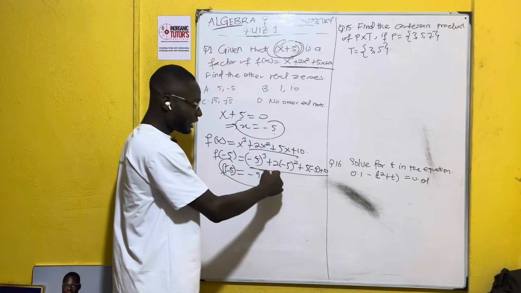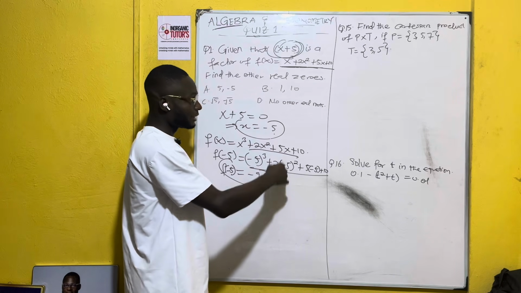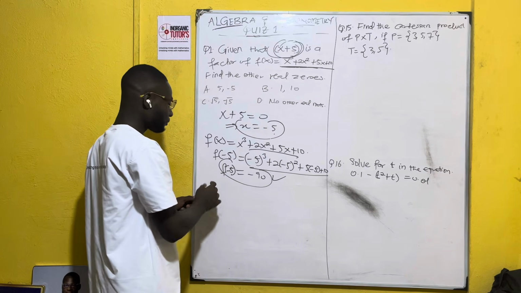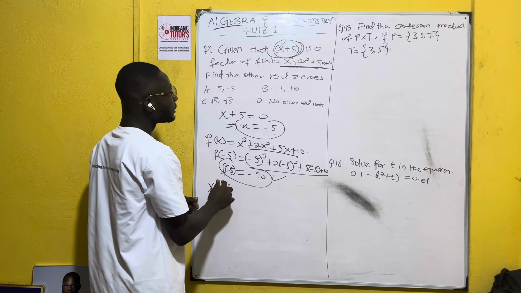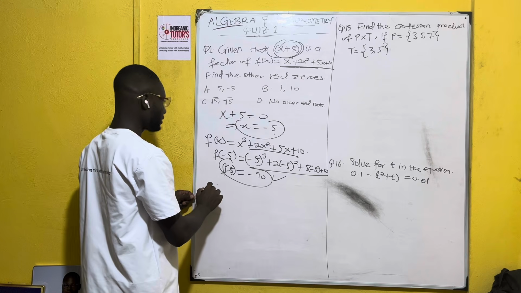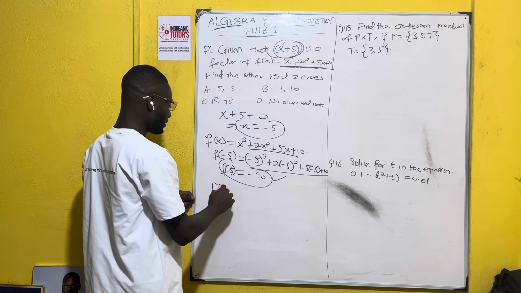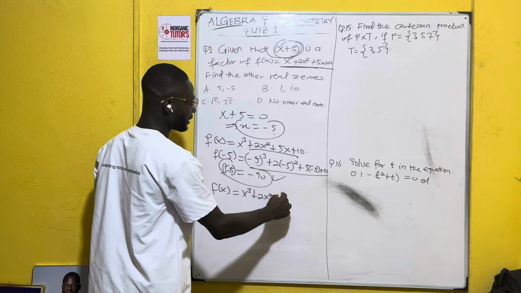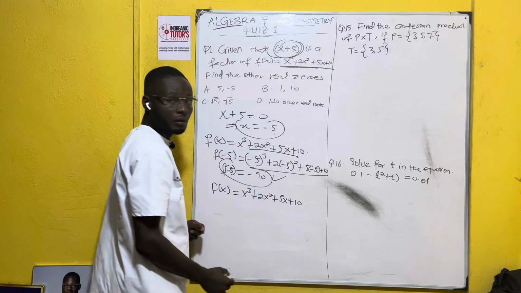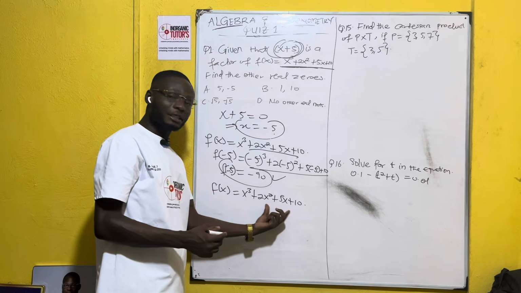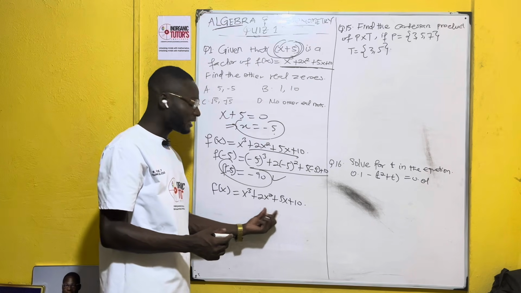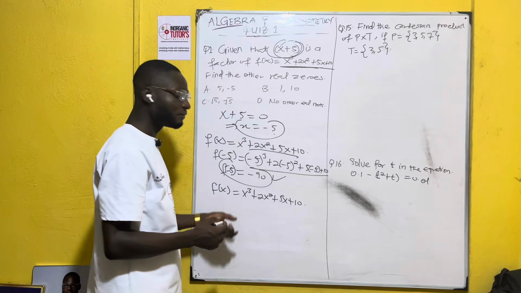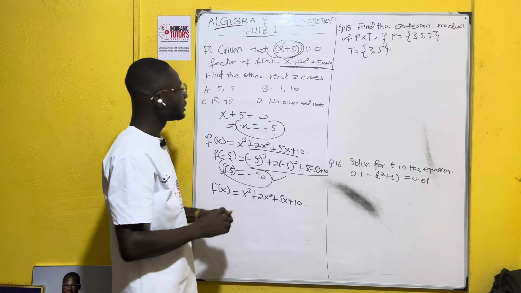So here you can even conclude that there are no other real roots. Or we can decide to factorize the function f of x equals x cubed plus 2x squared plus 5x plus 10 and find the values of x. We try to find the zeros to see if there are roots that might be in the options.